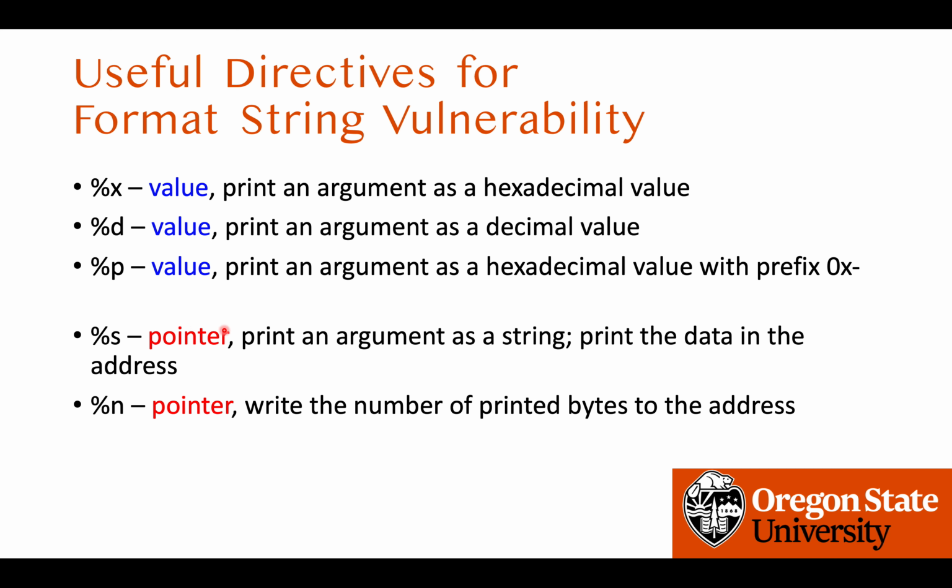It will regard the argument as a pointer, try to dereference that address, and then print out the contents as a string. And the last one is the weirdest. %n is writing a number to the address supplied to the printf call.